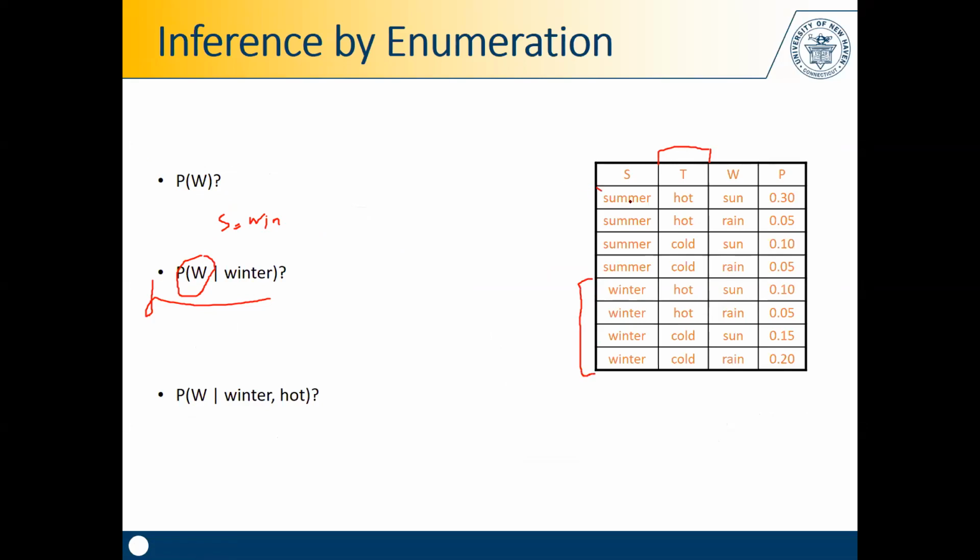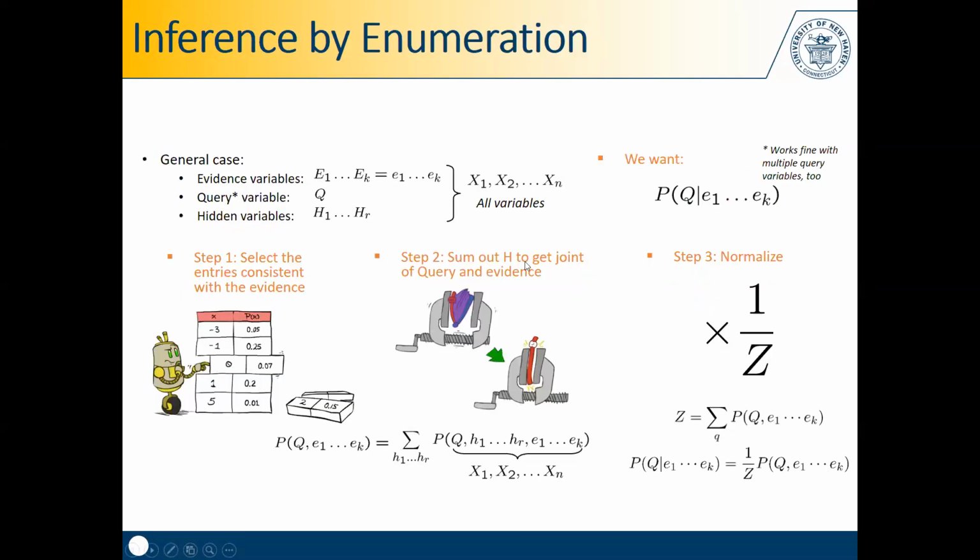We can forget about all rows corresponding to the assignment of summer, the outcome of season being summer. That was the first step. What's the second step? Let's go back and see. Sum out over H, the hidden variables, to get the joint probability distribution of query and evidence.